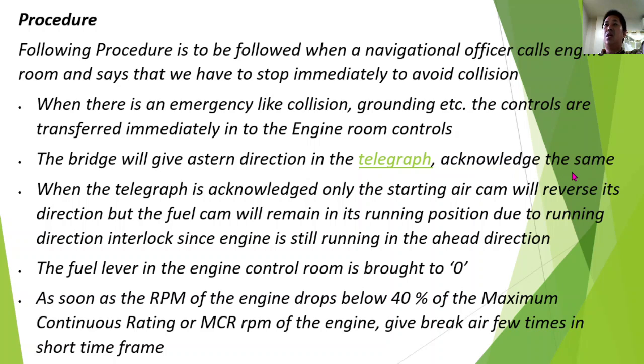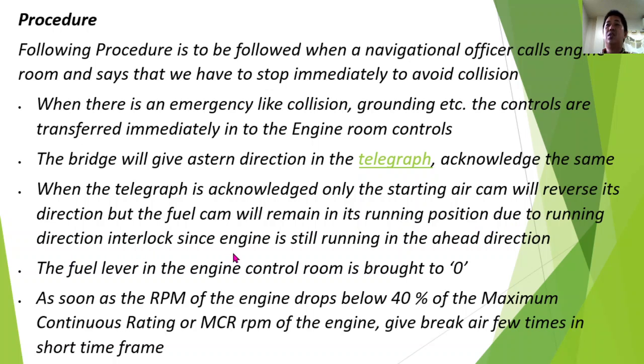Acknowledge the same. When the telegraph is acknowledged, only the starting air cam will reverse its direction, but the fuel cam will remain in its running position due to the running direction interlock.